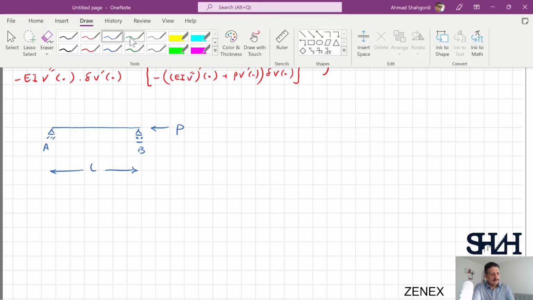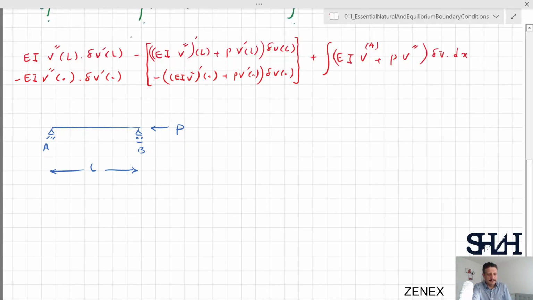Before that, it is good if we remember that EI v'' is minus M, and EI v''' is minus Q, shear force and bending moment.